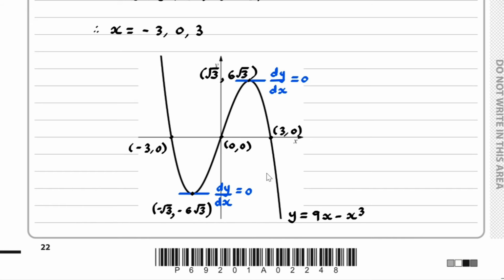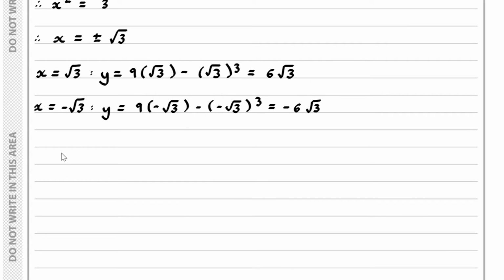And so in between these values is where we would have the line y equals k intersecting the curve at exactly 3 points. And so in between these y values is the range of values of k we can have.